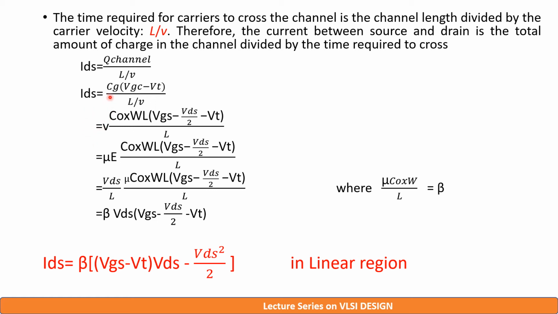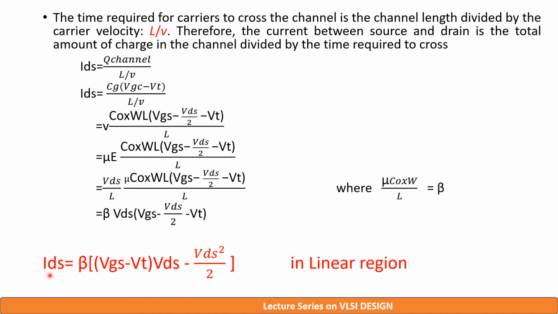So substituting Cg value, Cg is Cox WL, and substituting Vgc, that is Vgs minus Vds by 2, minus Vt retained as it is, divided by L by V. V is given as mu into E, and E is nothing but Vds by L. Once you simplify, the expression for current is beta Vds into Vgs minus Vds by 2 minus Vt.